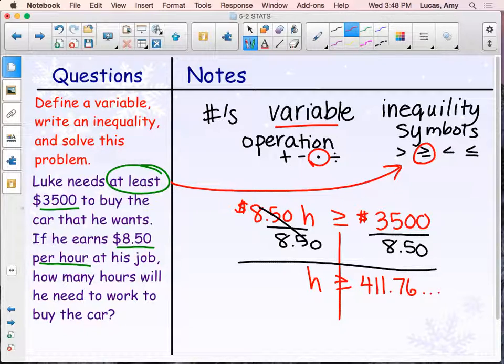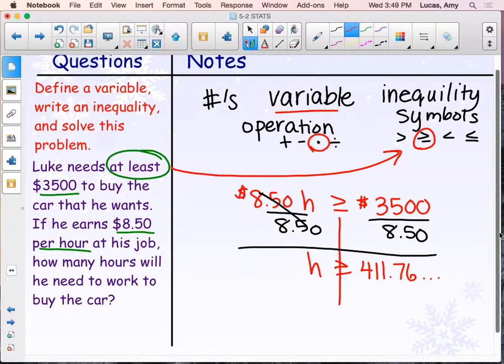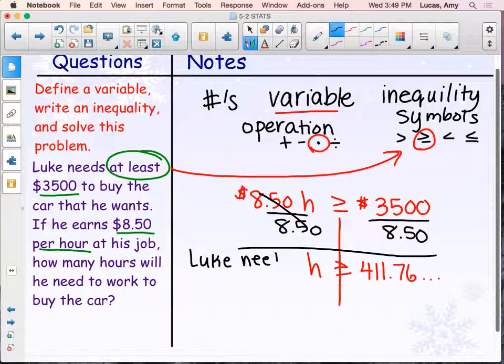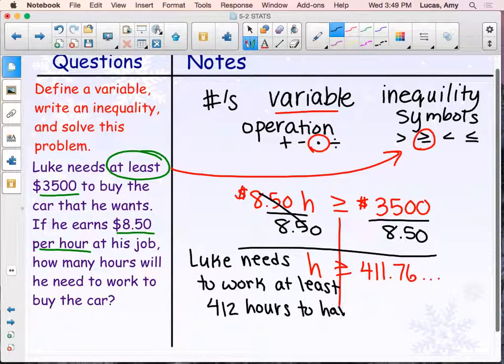So, because this is a word problem, we want a word answer, so I'm going to say he has to work at least 412 hours, because if he works 411, he's not going to have enough money. So I'm going to say Luke needs to work at least 412 hours to have enough money for the car.